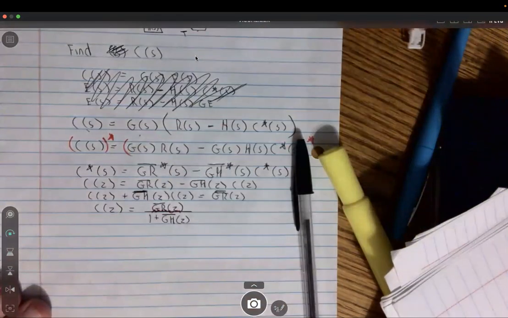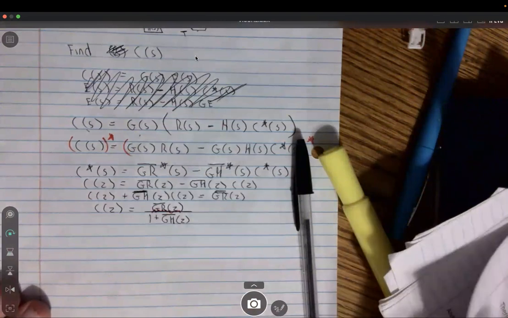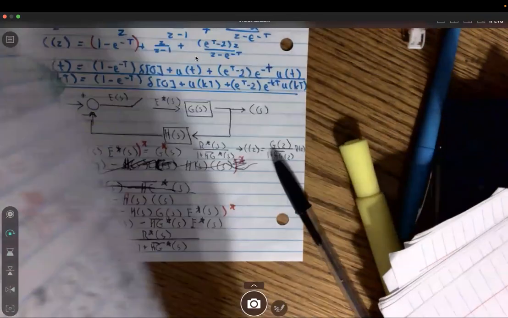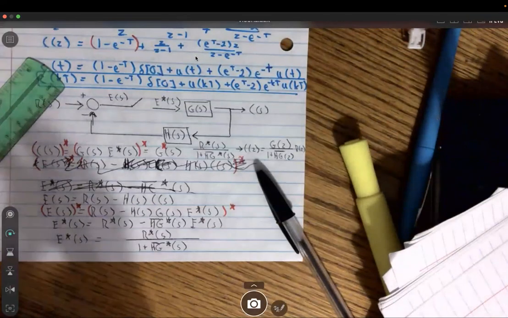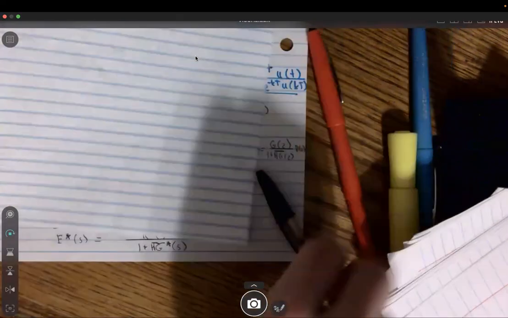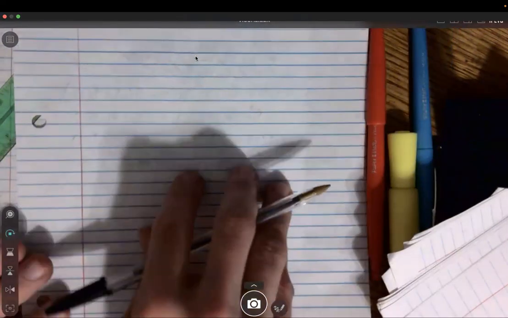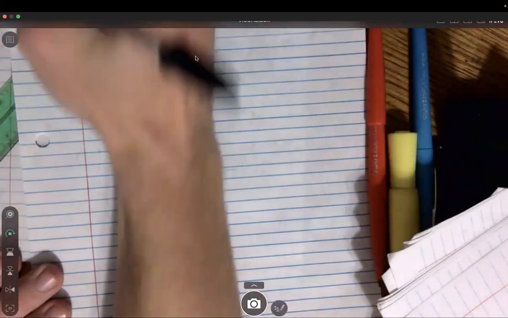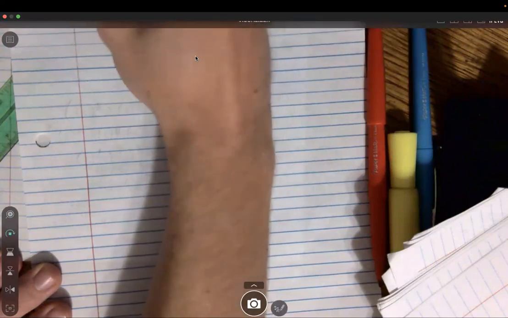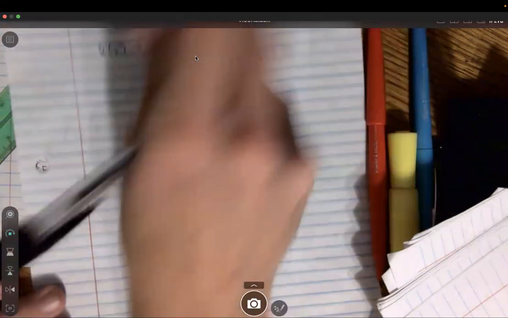So now that we saw that within our system, we're going to look at one last example for the closed loop systems, and then we're going to move on. So what we're going to have here is the following. Say that we're given our R of S, and it goes through to a summing block where we have feedback.